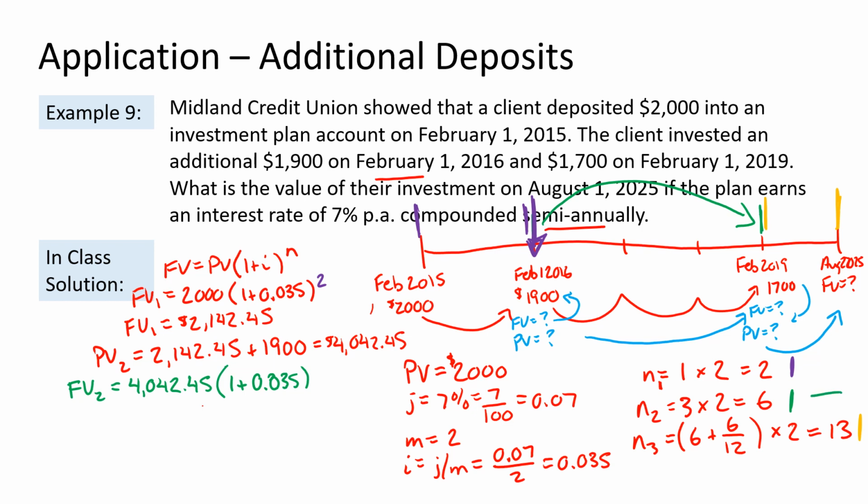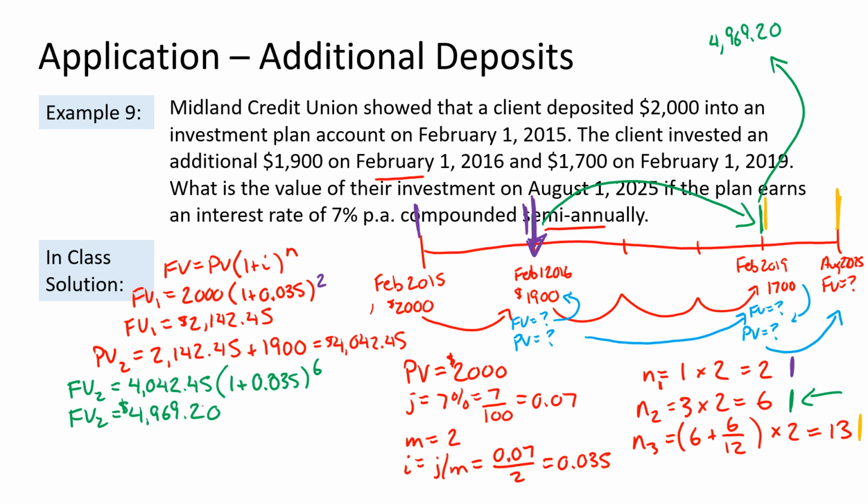For this one, in green, it was 6 because we went 3 years into the future. So that's raised to the exponent 6. Multiplying that out, our future value at our second point is $4,969.20.